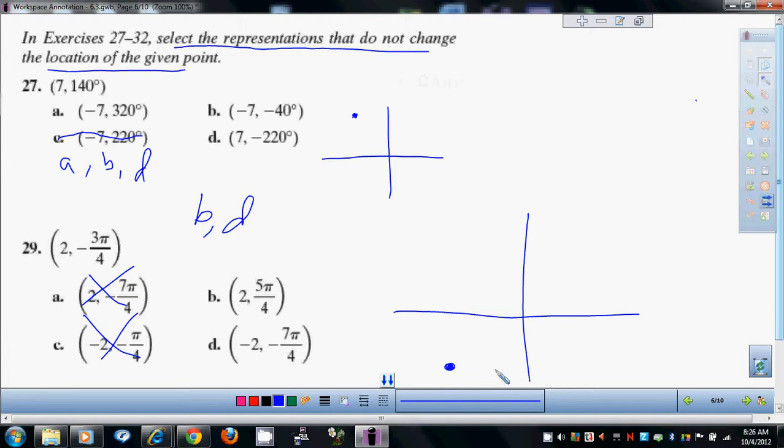Questions on that? Yes, sir. Let's see. Let's say we had done that here. So positive 2, negative radius, negative angle. Maybe it won't. I can't think offhand of ones.